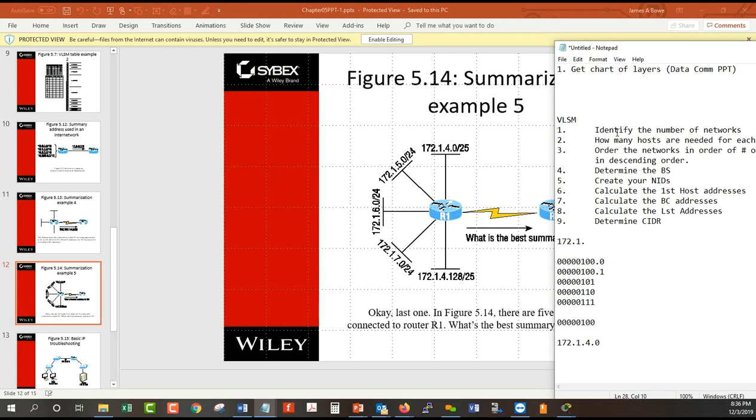That network ID summarizes all 5 of those addresses. Okay? Questions? Everybody okay? Patrick, how do you feel? Okay. All right, very good.